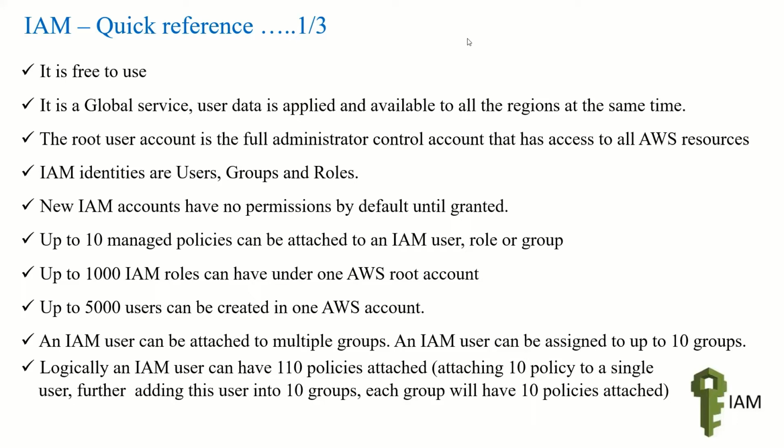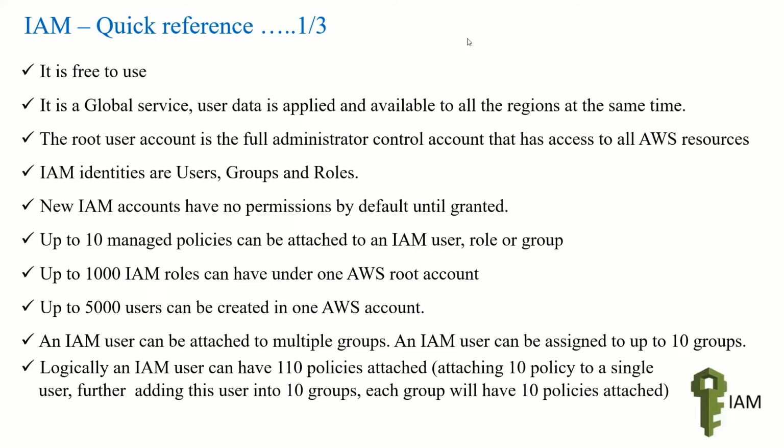Up to 10 managed policies can be attached to an IAM user, role, or group. Up to 1,000 IAM roles can be created under one AWS root account. Up to 5,000 user accounts can be created under one AWS account. That means if you have your AWS root user account, you can create 5,000 IAM users.